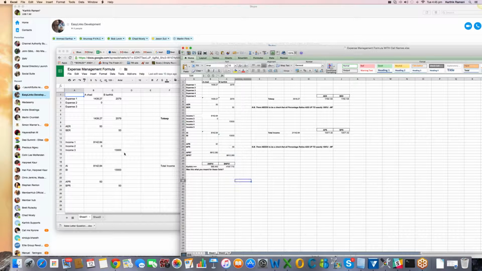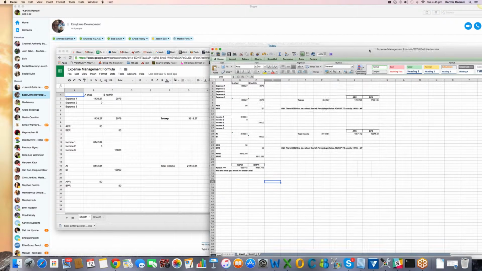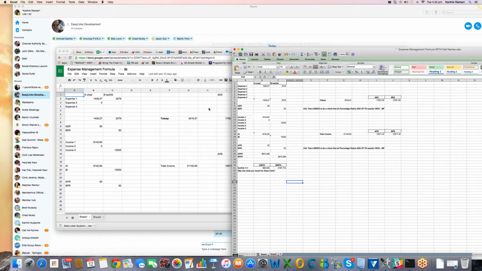Okay. So total expenses is 3518, which is the same. Again, total income is 21424. That's the same in yours as well.